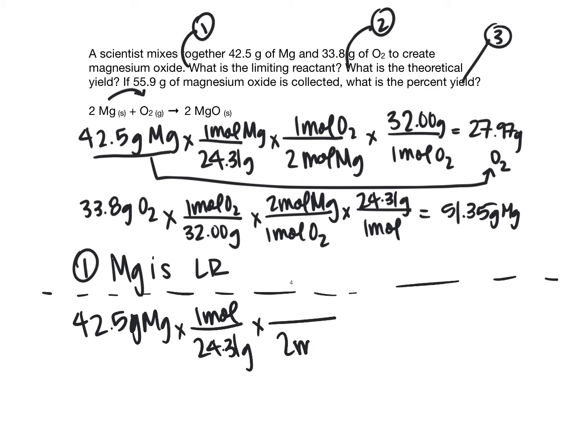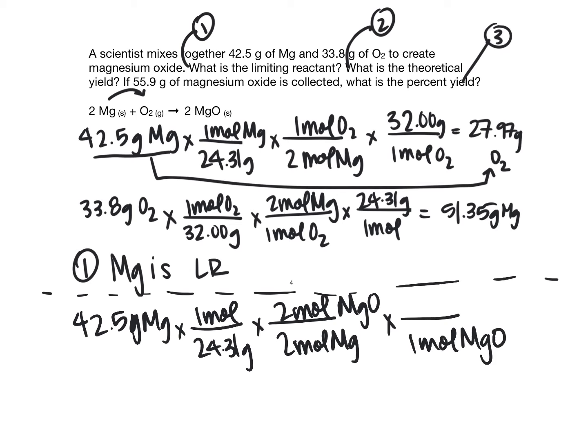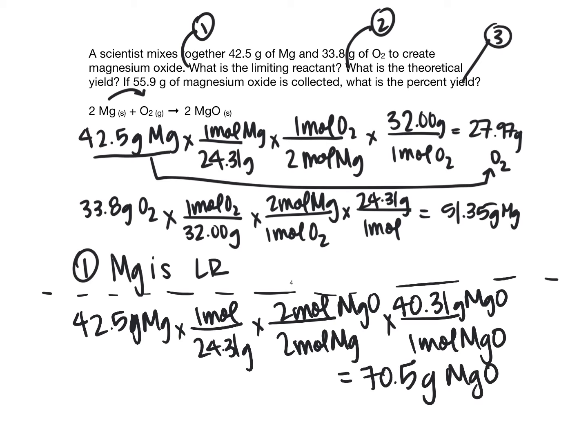And there are 2 moles of magnesium for every 2 moles of magnesium oxide. And in 1 mole of magnesium oxide, that weighs 40.31 grams of magnesium oxide. So we can plug this into our calculator and we can expect 70.5 grams of magnesium oxide. So this is the answer to question 2.